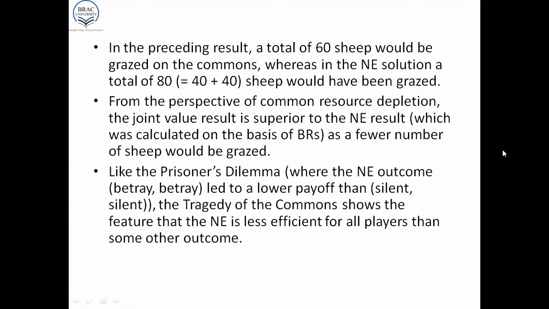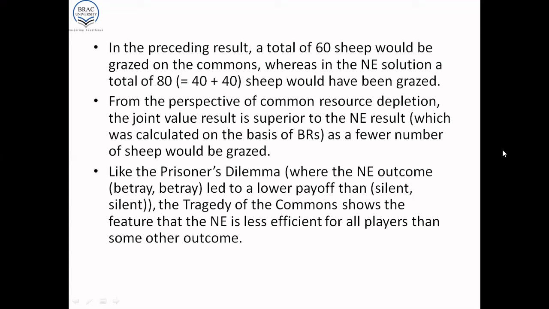Whereas in the Nash equilibrium solution, where Q1 star was equal to Q2 star was equal to 40, a total of 40 plus 40, which is equal to 80 sheep would have been grazed. Now, from the perspective of common resource depletion, the joint value result is superior to the Nash equilibrium result, which was calculated on the basis of best responses, right? As a fewer number of sheep would be grazed.